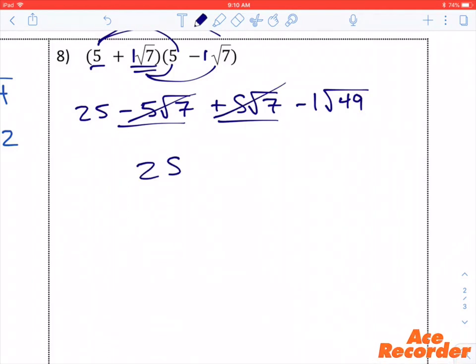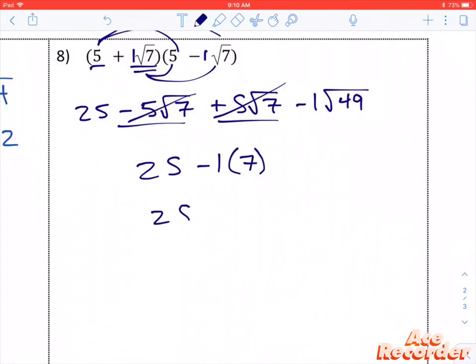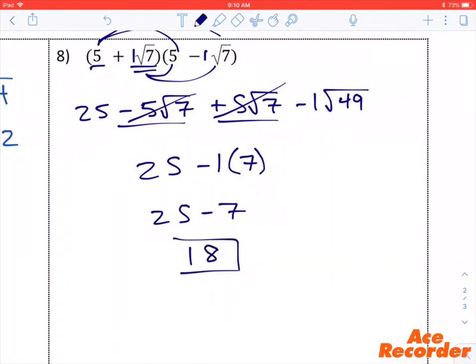So it's 25 minus 1 times 7. Square root of 49 is 7. 25 minus 7 is 18. And so, in that case, again, if you multiply something by itself and it's a square root, just lift the lid.